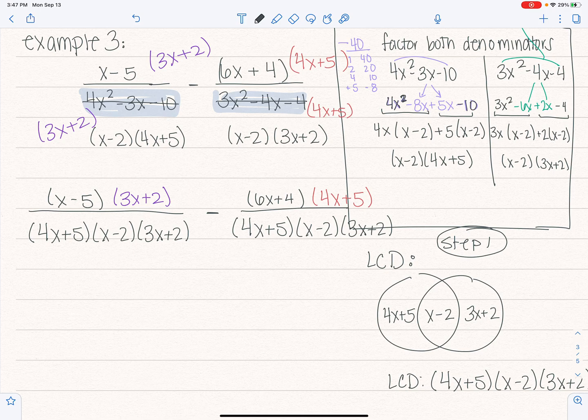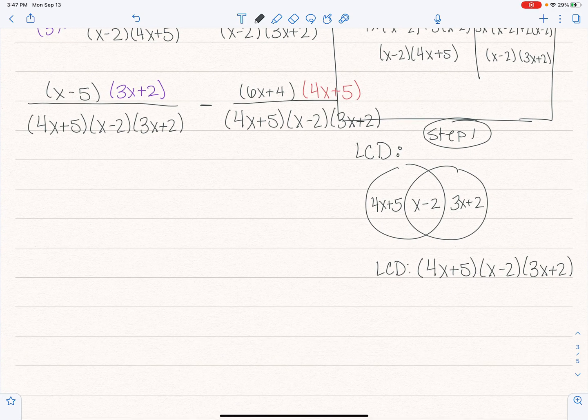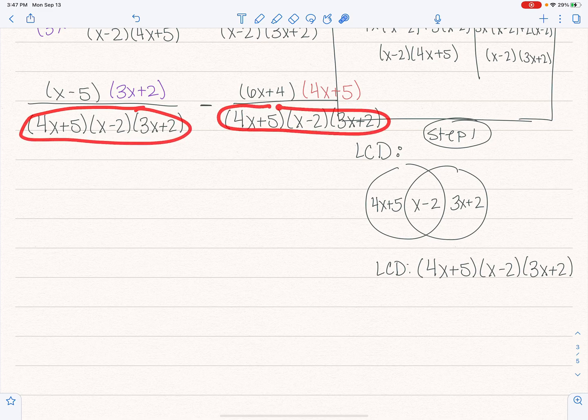And now this is just going to be a whole bunch of algebra. So what I'm going to have to do, I'm going to go ahead and combine these, and then we'll start simplifying in terms of FOIL, distribute, combine like terms, factor, all of that stuff. So I get lazy. In place of that 4x plus 5, x minus 2, 3x plus 2, in place of these denominators, you're just going to see me until the end of the problem write the letters LCD.